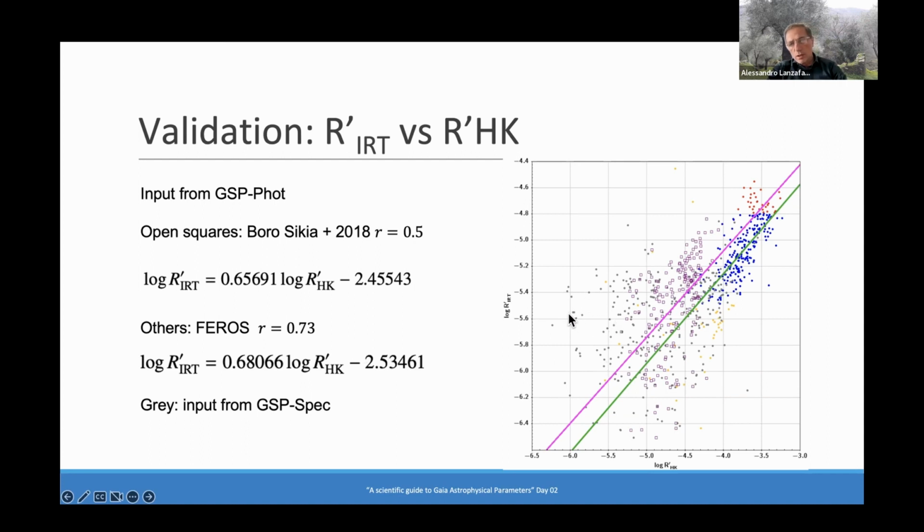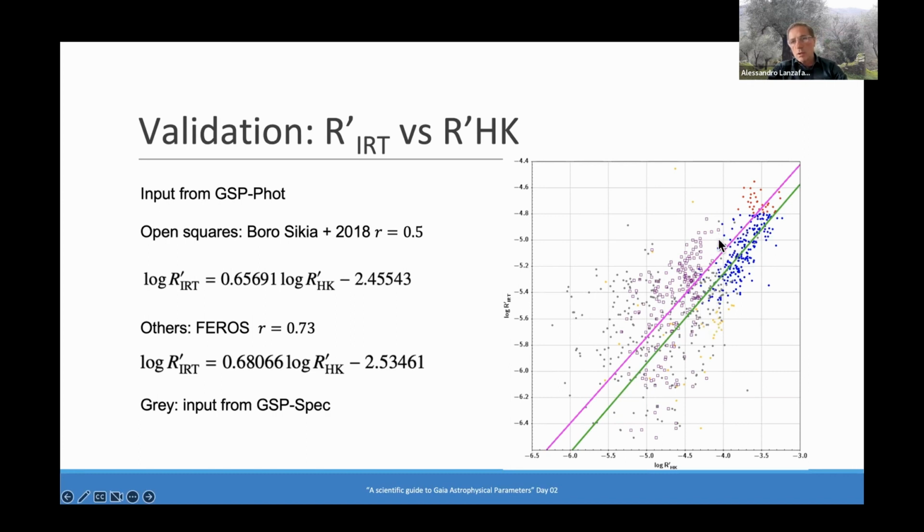The gray points are the index calculated from the input of GSP-Spec, which has low signal to noise in the R'IRT, so there is a larger dispersion, and the correlation is a bit lost. But when we consider higher levels of activity, we have a nice correlation between the R'IRT and the R'HK.